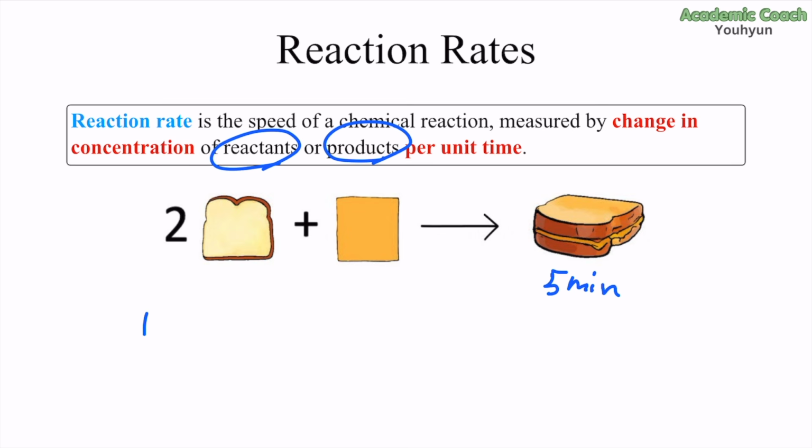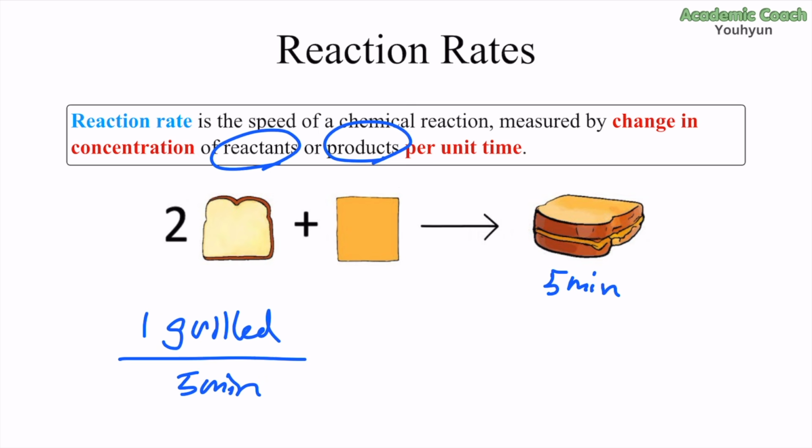The most obvious one will be one grilled cheese sandwich over 5 minutes. I could also try to use the consumption of the ingredients to represent how fast I make it. Every time I make one grilled cheese, I consume 1 piece of cheddar cheese.